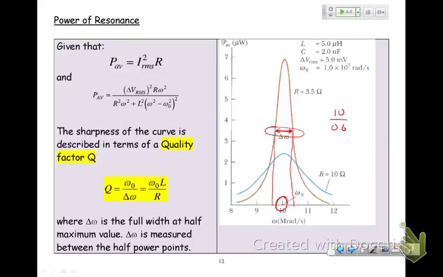Let's call it 0.5 and I can do the math. That would be 20. That's my quality factor. It turns out that that's going to equal omega naught L over R. And so if I can make a circuit with a big L and a little R, I have a very nice quality factor. Okay.